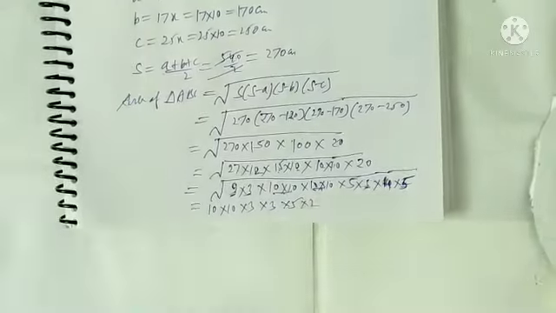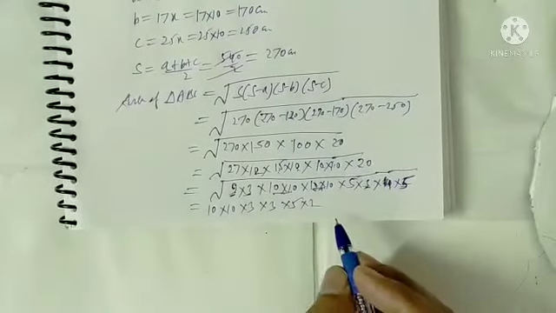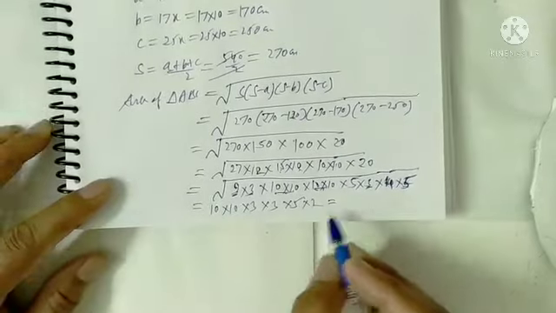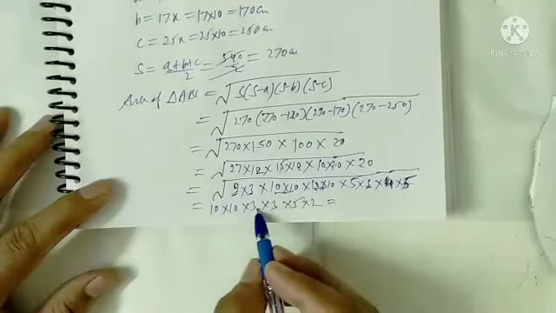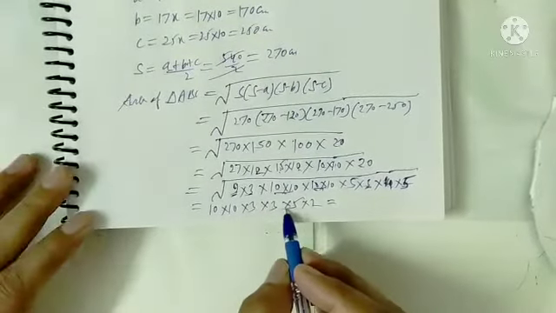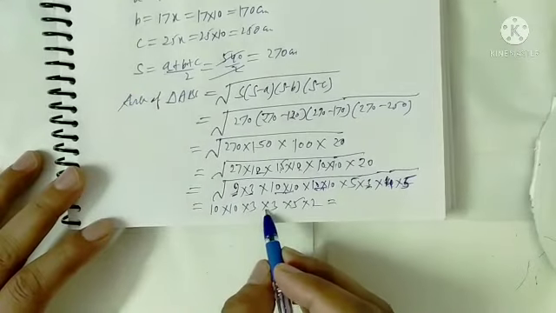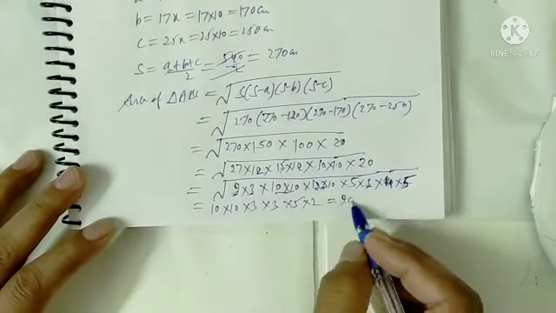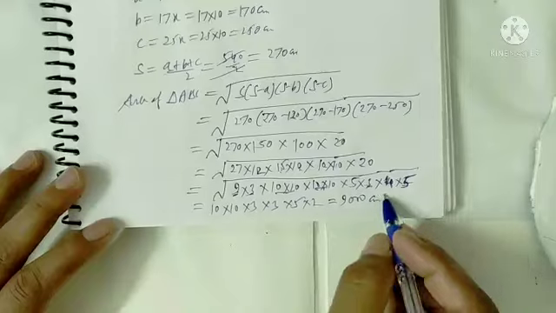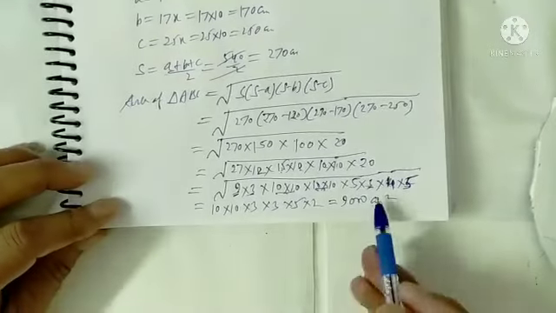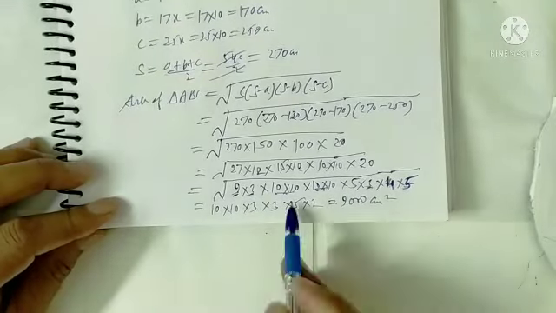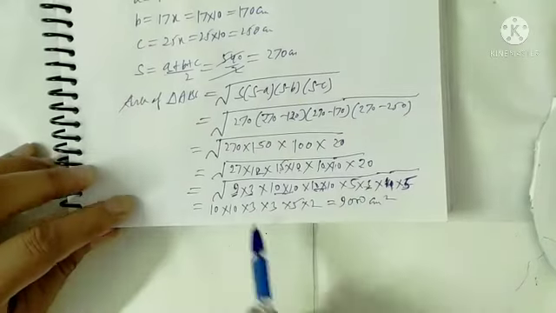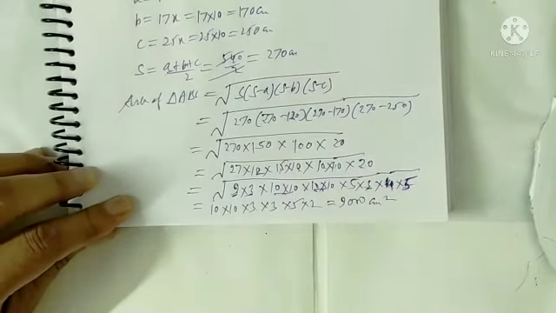Nothing is left in the root, everything is coming out. If you multiply, then what you get here? 3 3s are 9, 2 5s are 10, and 10 means 1000, and 9, so 9000 centimeter square is the area. Please try to understand this calculation part, otherwise the question is very easy. Only see the calculation part properly.